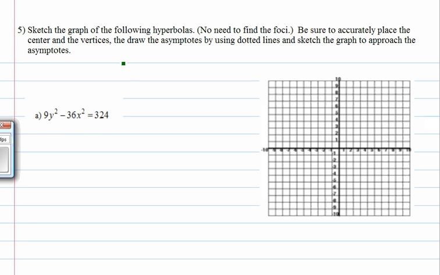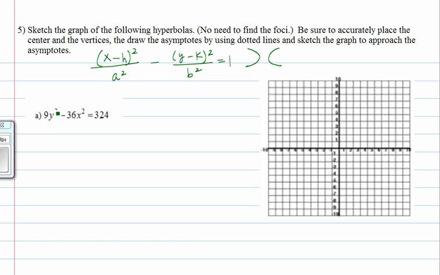So, the equation of a hyperbola in standard form is (x minus h) squared over a squared minus (y minus k) squared over b squared equals 1. That's when the hyperbola goes in the direction of the x, so that's horizontal.